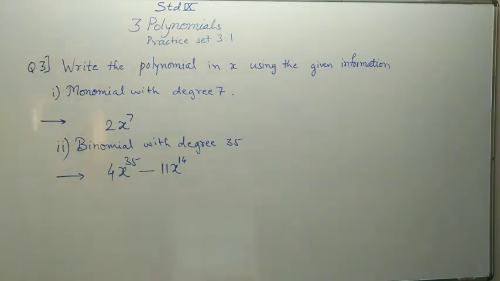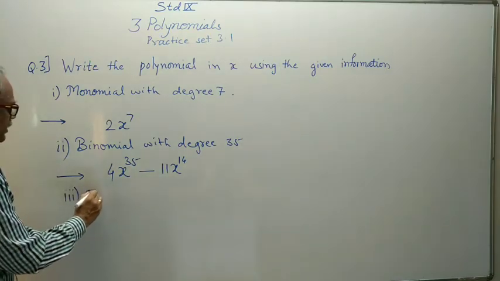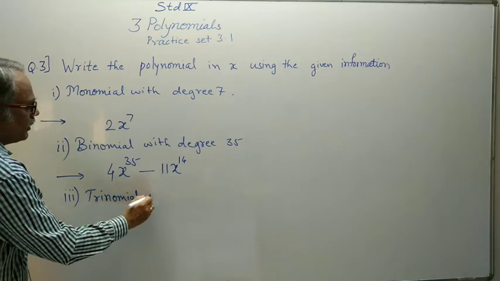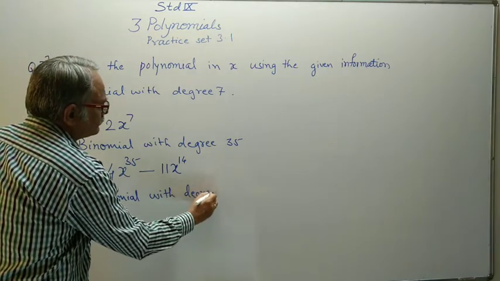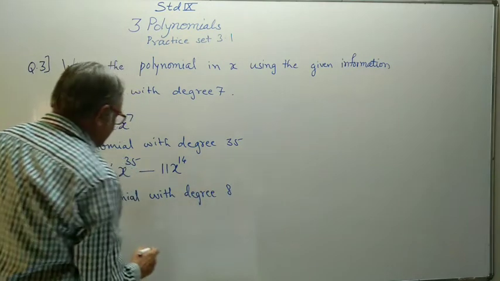After this, the third question, we will write what is monomial, binomial and trinomial. Third, trinomial with degree 8. Now trinomial means 3 terms, maximum degree 8.